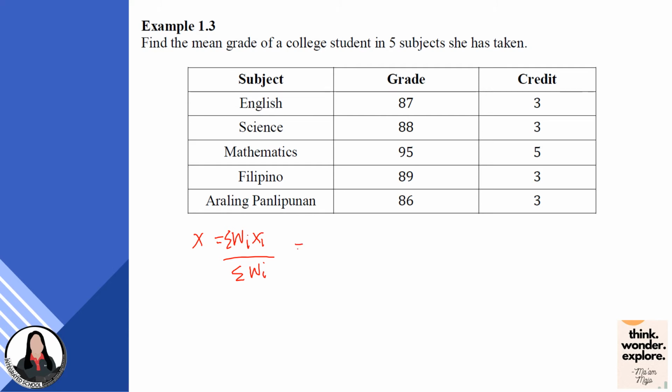Okay? Now, for us to get the summation of W sub I, X sub I, X will be the grade. Okay? And then the credit is the W. Okay?